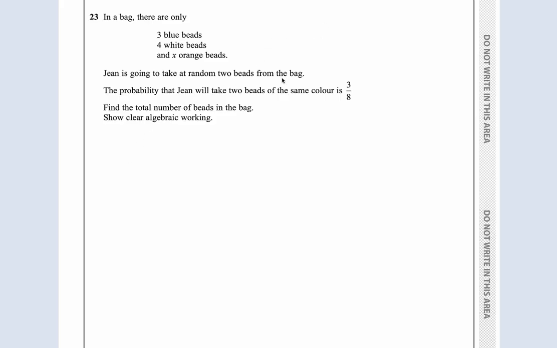Okay, so we need to do the probability of 2 blues, the probability of 2 whites, and the probability of 2 oranges. That's the way you get to the same color. The total in the bag is 3 plus 4 plus x, which is 7 plus x. So the probability of 2 blues: 1 blue is 3 out of 7 plus x.